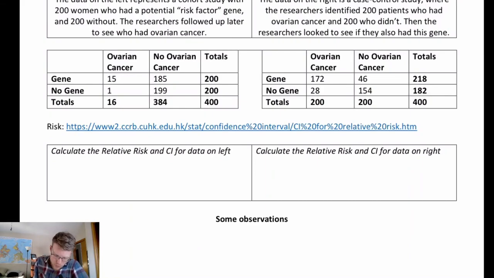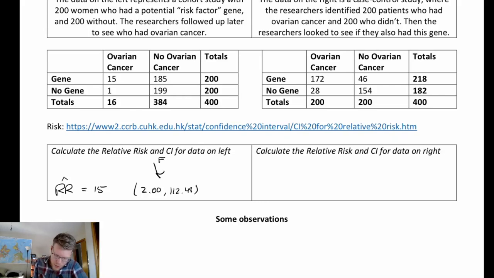So my relative risk value here, my estimate, I'm going to put a hat on it because it's an estimate, is 15. And my confidence interval is going to be 2.00 to 112 point something. I forget what that number is now. I want to say it's like 48. That's an enormous confidence interval.